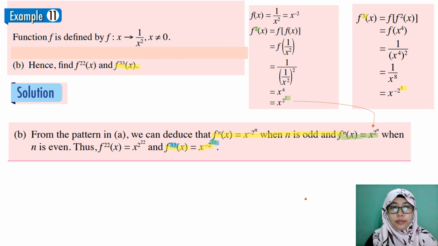Thus f to the power of 22 ni, cikgu masukkan 22 ni dalam formula even number dekat sini. Yang ni akan jadi 2 power of 22. So this is the final answer for even number. This is final answer for the odd number.